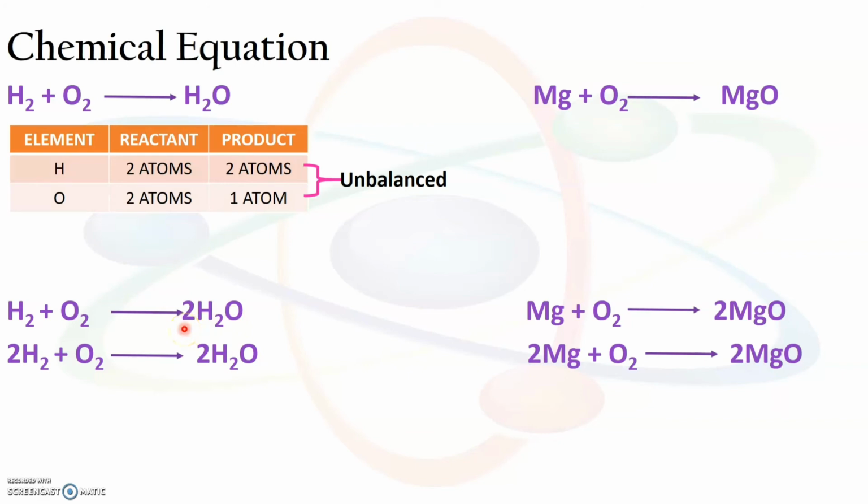When you add a 2, this means that now there are 2 into 2, that is 4 atoms of the element hydrogen, and 2 into 1, that is 2 atoms of the element oxygen. So now we got the number of atoms of the element oxygen as 2.